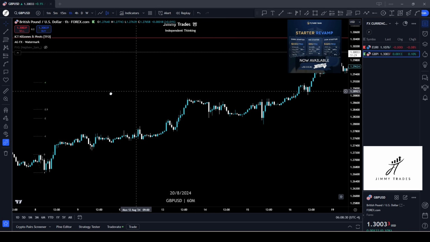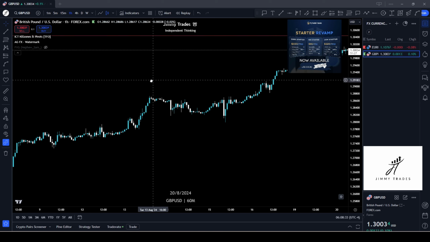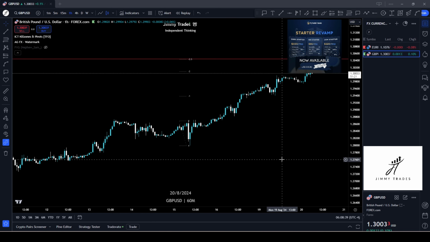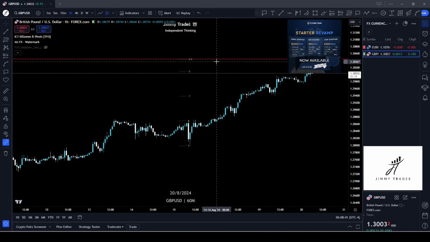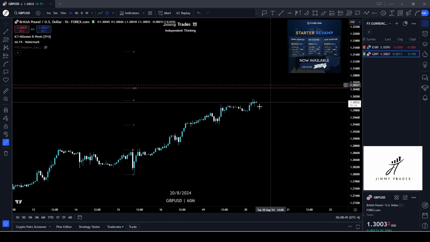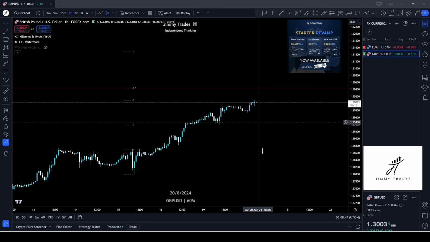You can see here we closed above that -4 max extension. Again, we've had a sweep of liquidity here. We can use this leg, and the -2.5 aligns perfectly with that high. So I can see that there's a good chance we'll reach that level today.